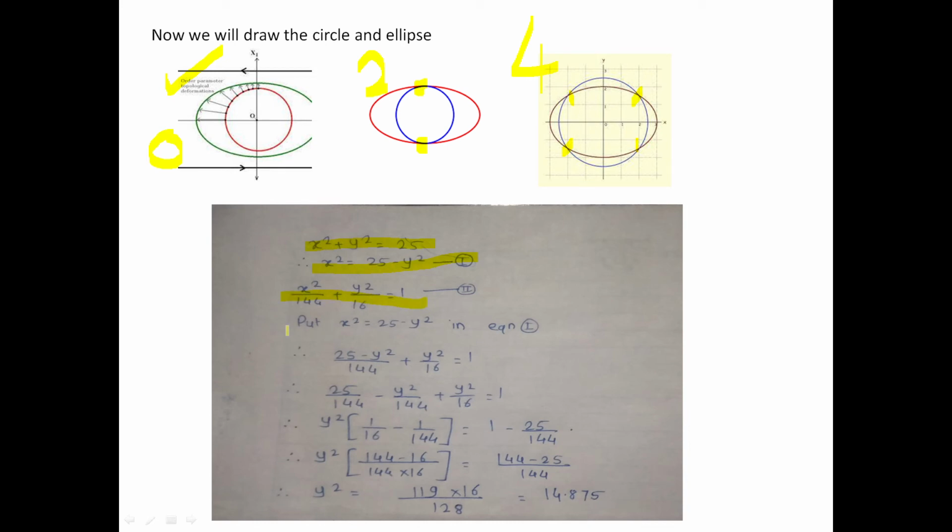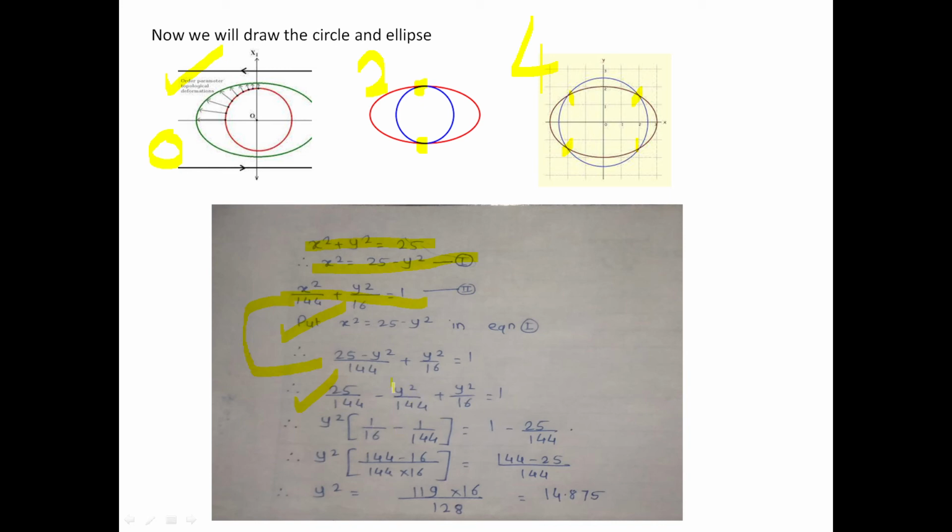I will put the value of x square in equation 2. So equation 2 becomes (25 minus y square) divided by 144 plus y square by 16 is equal to 1. Separating the values, I get 25 divided by 144 minus y square divided by 144 plus y square by 16 is equal to 1.